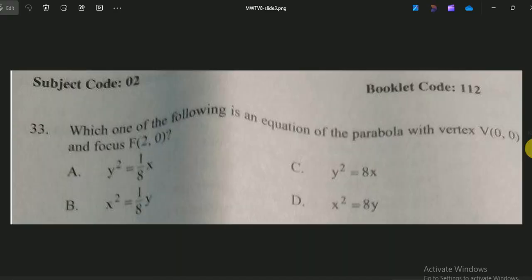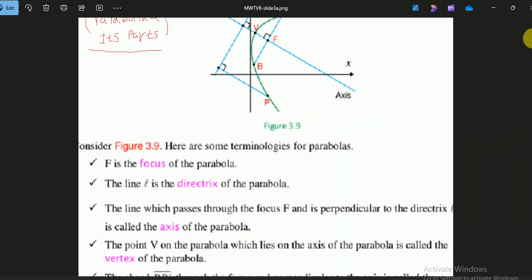Next problem. Problem number 33. Which one of the following is an equation of the parabola with vertex 0, 0 and focus 2, 0? To answer this problem, we have to recall terminologies related to parabola and equations related to parabola. What's parabola? What are parts of parabola? What are types of parabola?